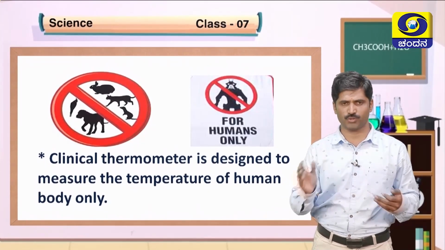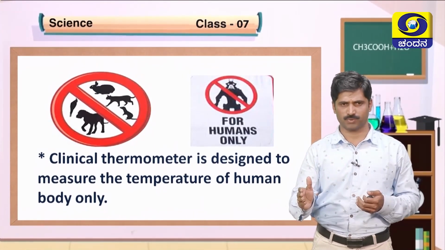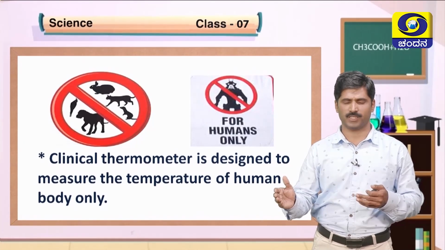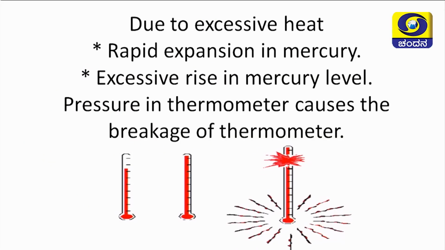It should not be used to measure the temperature of anything other than the human body, because due to excessive heat, rapid expansion in the mercury level may occur. Due to the excessive rise in mercury level, pressure builds up in the thermometer. It may cause the breakage of the thermometer. So, the clinical thermometer should be used to measure human temperature only.